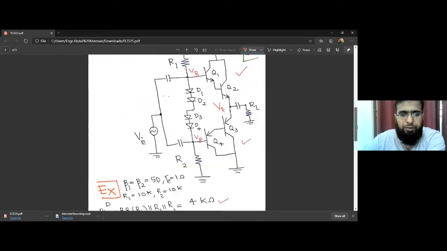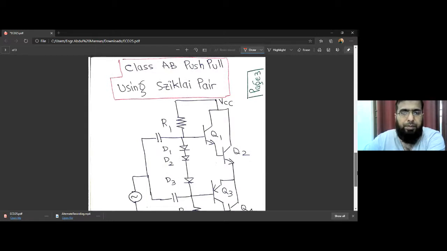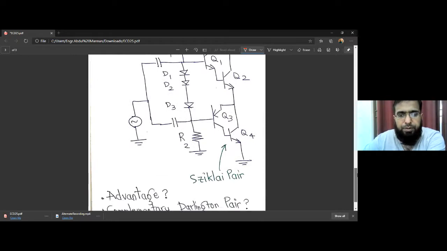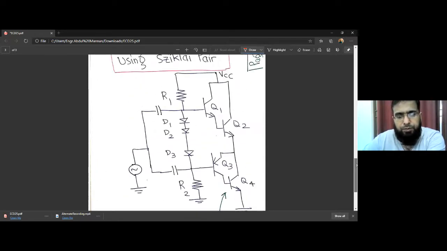There is one other way we can use this Darlington pair in our class AB push-pull amplifier, using a Ziegler pair. A Ziegler pair is a complementary Darlington pair. The difference is that one of the two transistors in a Ziegler pair is PNP and the other is NPN.